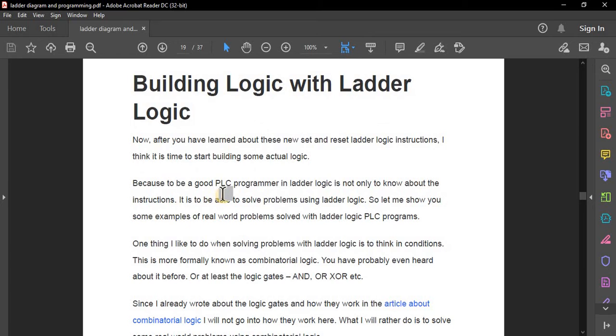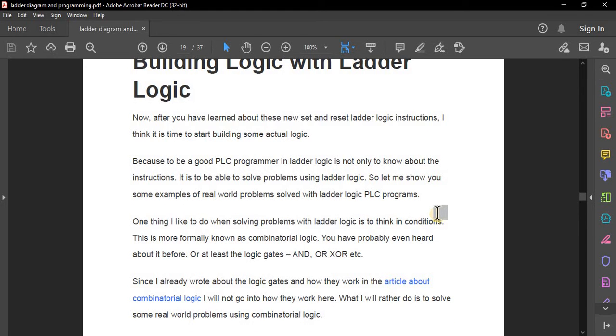To be a good PLC programmer in ladder logic, it's not sufficient only to know about the instructions. You have to be able to solve problems using ladder logic. Then only will you be called a good PLC programmer. So we will see some examples of real world problems solved with ladder logic PLC programs.